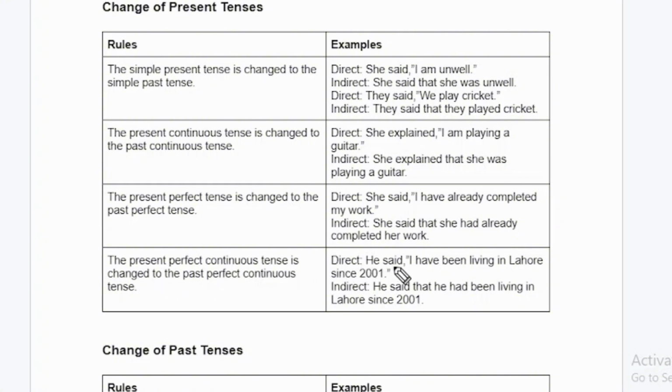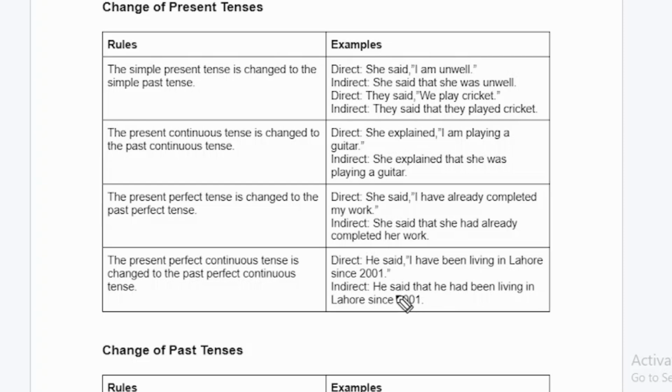Direct: she said, "I have been living in Lahore since 2001." Indirect: he said that he had been living in Lahore since 2001. So what did we change?